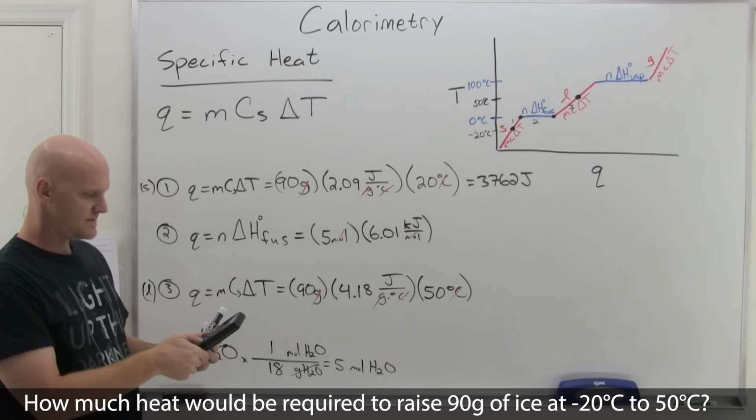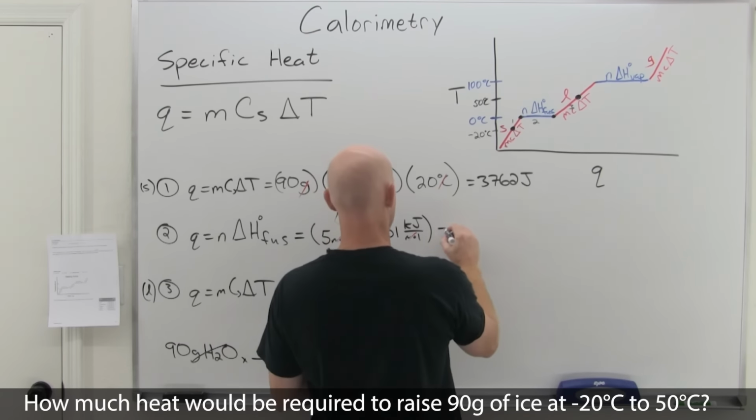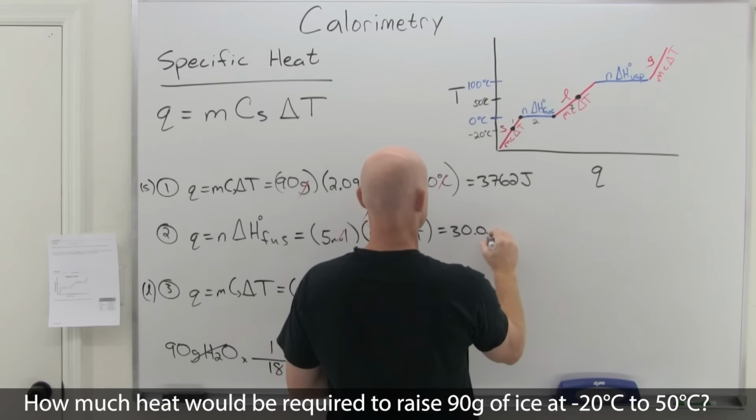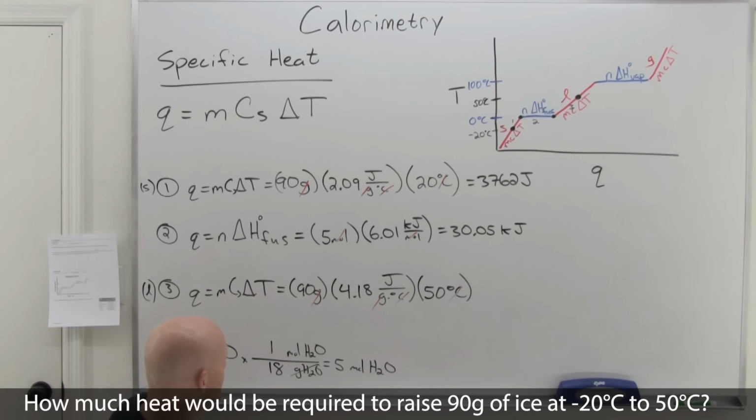So 5 times 6.01 is 30.05 kilojoules. You might have been able to do that in your head. And once again, 90 times 4.18 times 50 is 18,810 joules.